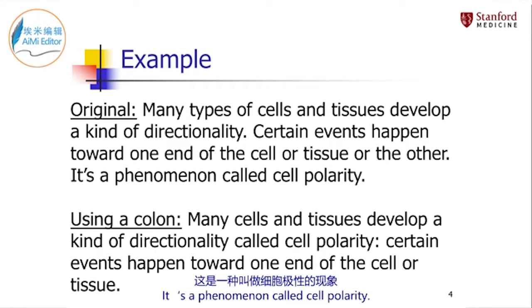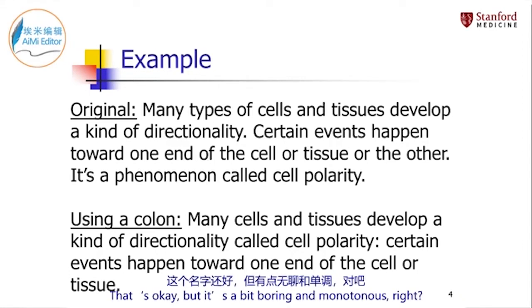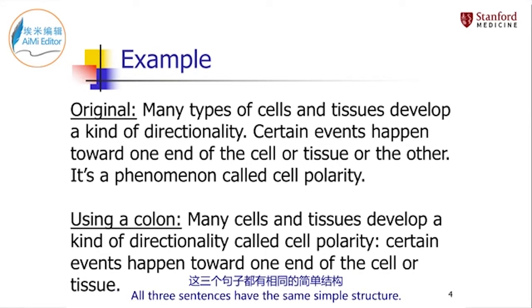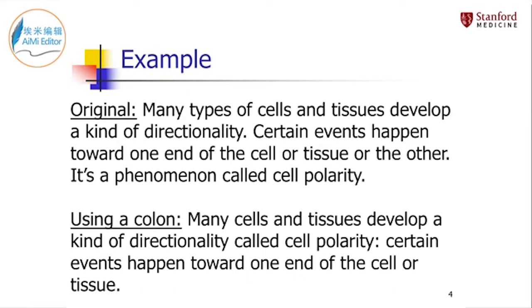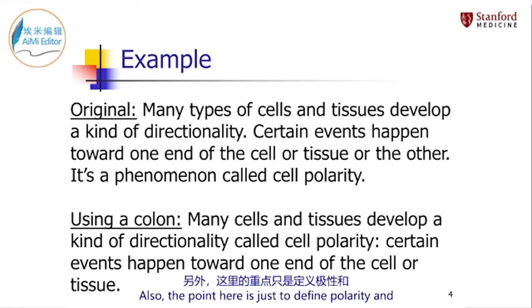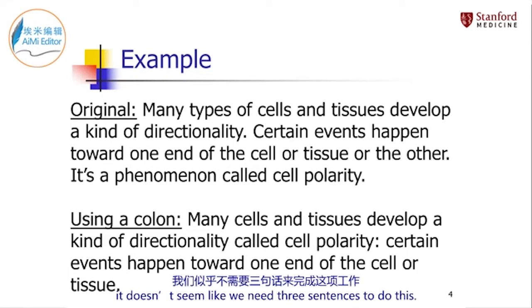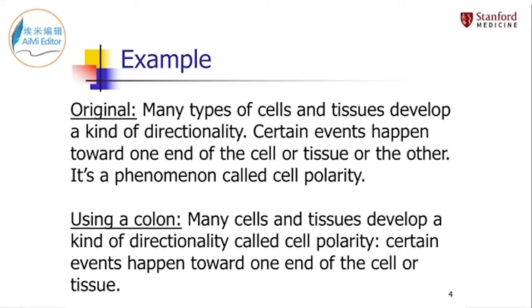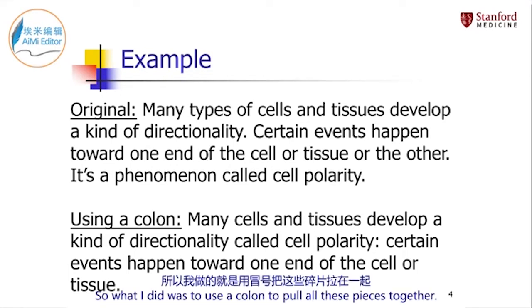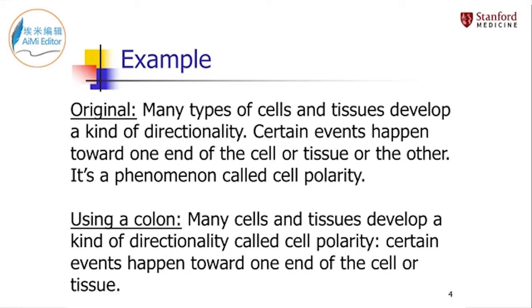It's a phenomenon called cell polarity." That's okay, but it's a bit boring and monotonous, right? All 3 sentences have the same simple structure. Also, the point here is just to define polarity, and it doesn't seem like we need 3 sentences to do this. So what I did was to use a colon to pull all these pieces together.